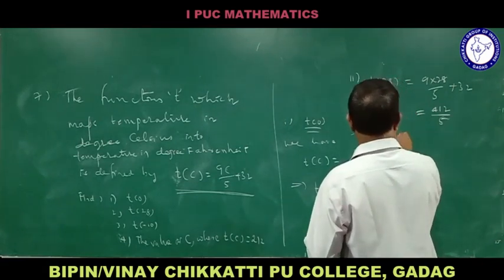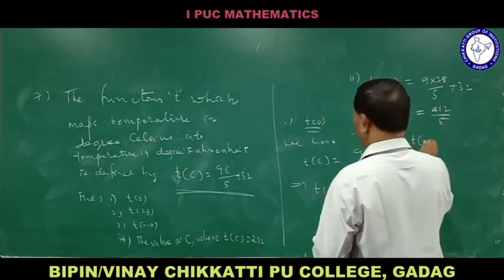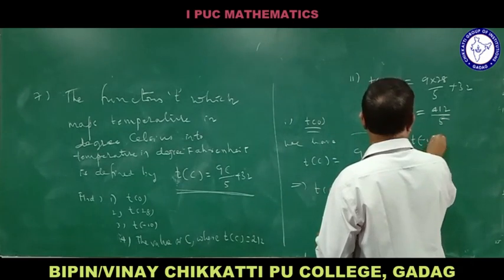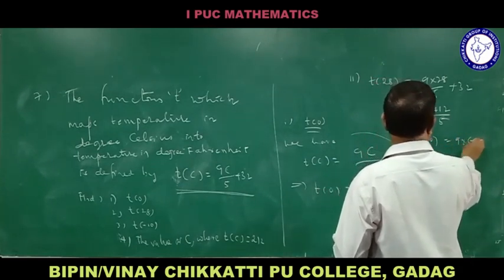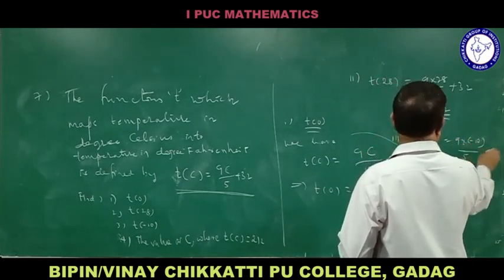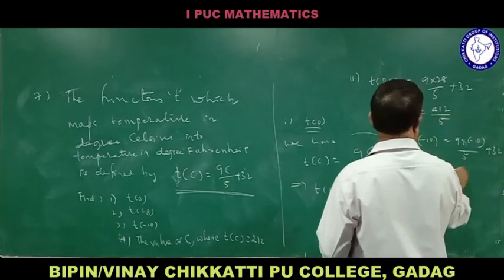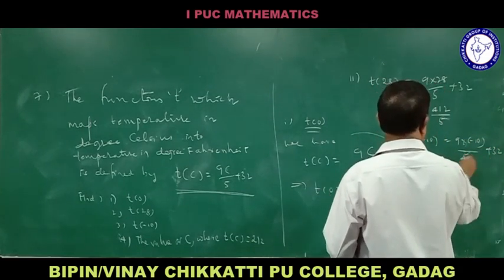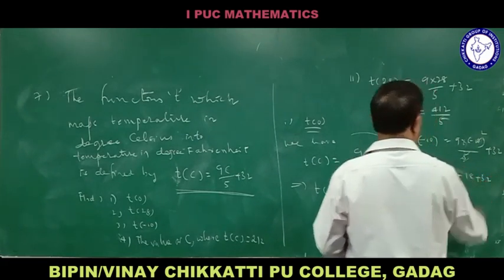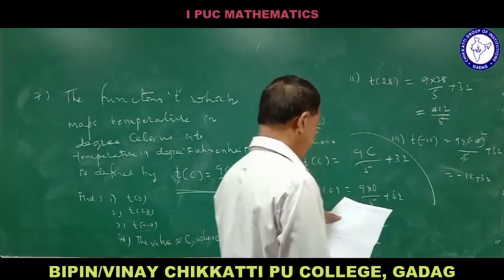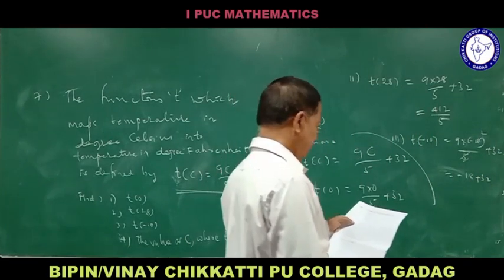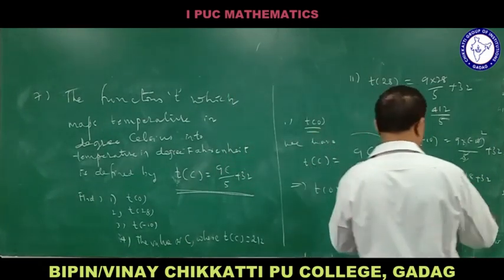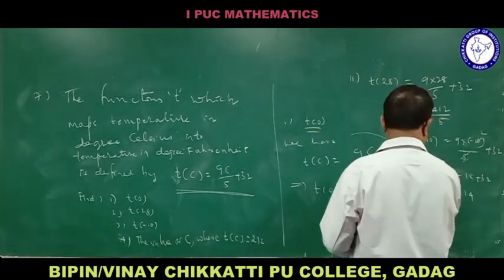Similarly, number 3, you see T of minus 10. So 9 into minus 10 divided by 5 plus 32. This is minus 18 plus 32. When you simplify this, the result you will find is 14.